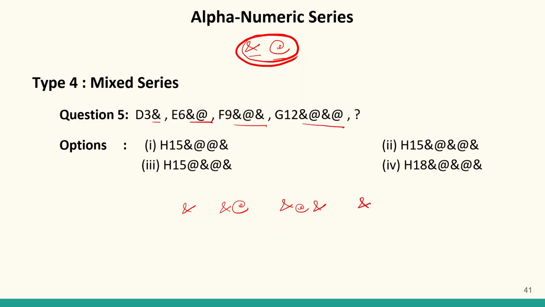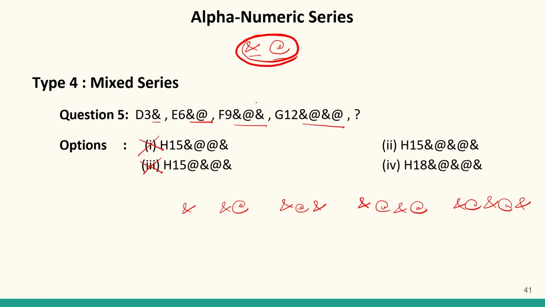Let's check. Here it is written as this. Yes, repeating. So in the next element, we should have something like this if it is repeating. So I can eliminate this option, and I can eliminate this option. Only these two options have something like this.